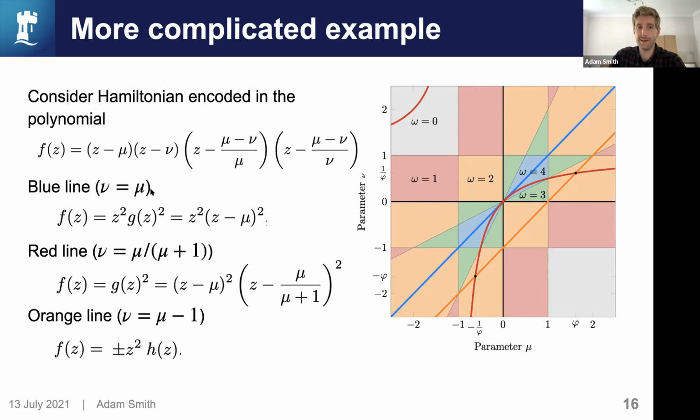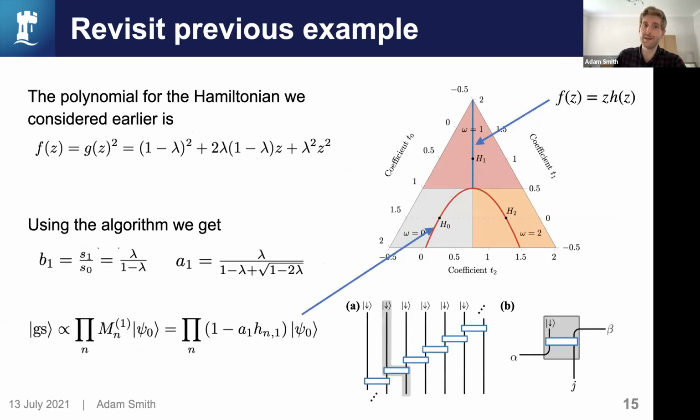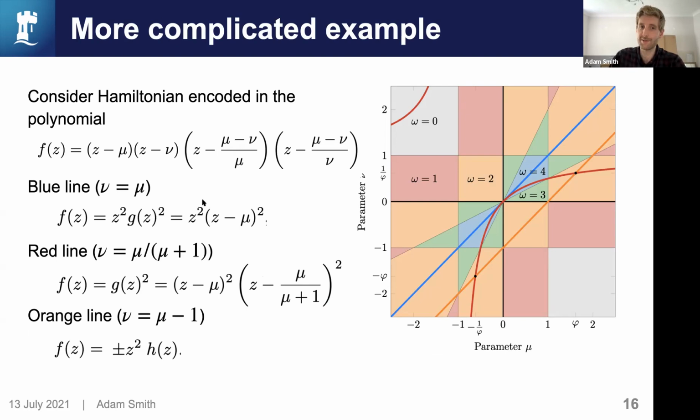In this case, it looks like this, z squared times g squared. And actually, this case is just the same as previous, but now we have this extra factor of z squared in front. So the physics is still the same, but some things, like the winding number, for example, have changed in these different phases. And then we also have 2 other examples: this red line, and this orange line.